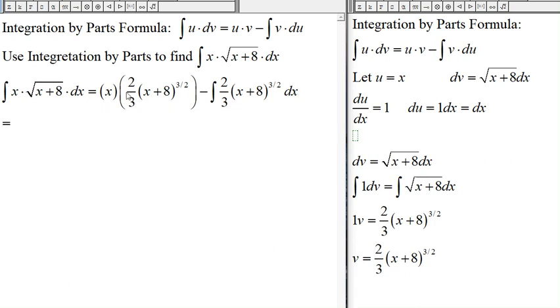So this times that will be just 2/3 x plus 8 to the 3/2. And then this will be 2/3 times the integral of x plus 8 to the 3/2 dx.